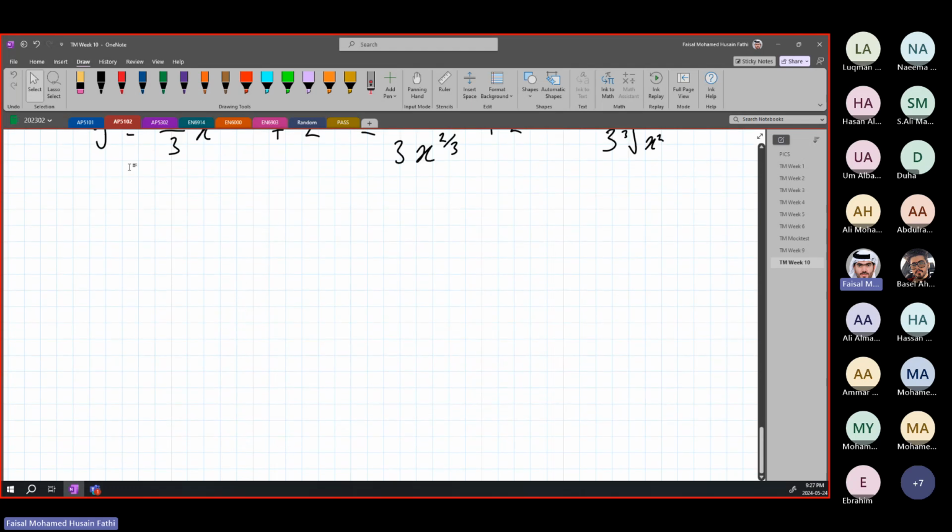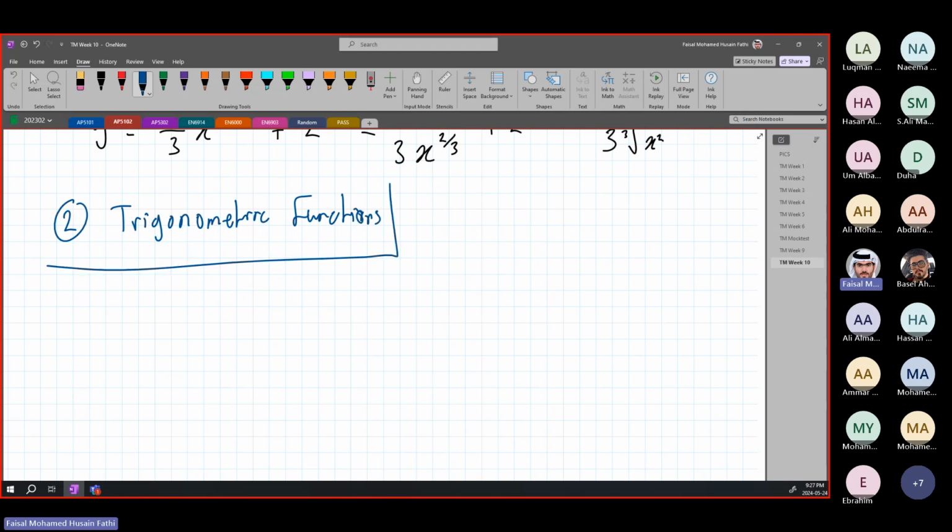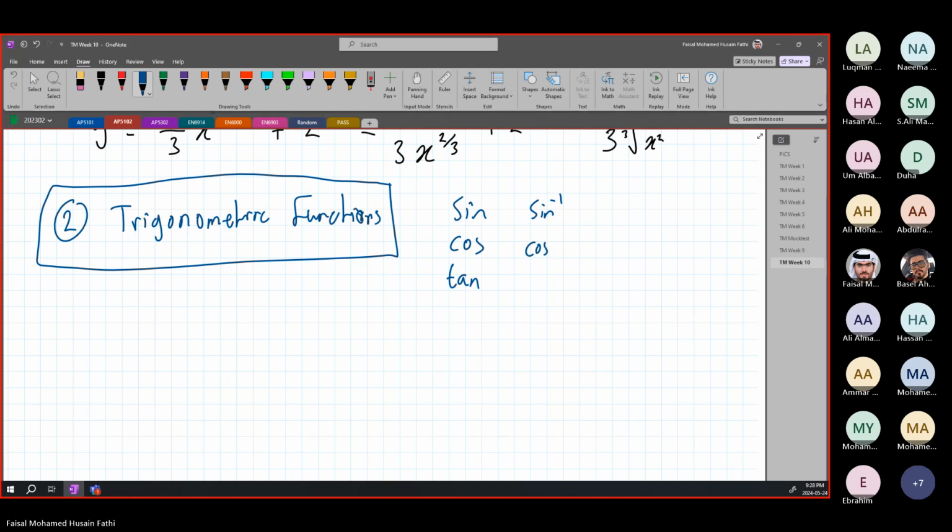Now, let's look at the trigonometric forms. So these are trigonometric functions. Okay, if you don't remember trigonometry, it means sine, cosine, and tan. Also you have sine inverse, tan inverse, cosine inverse. Let me go in order. And tan inverse.